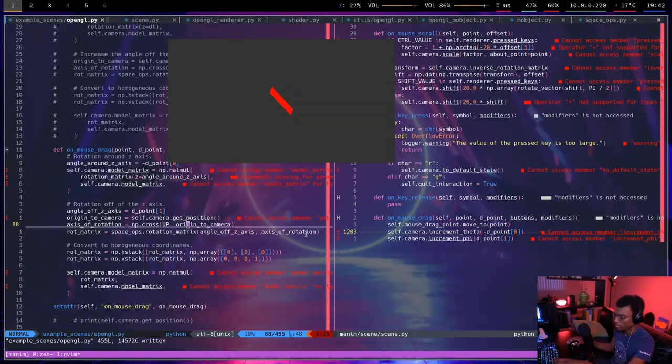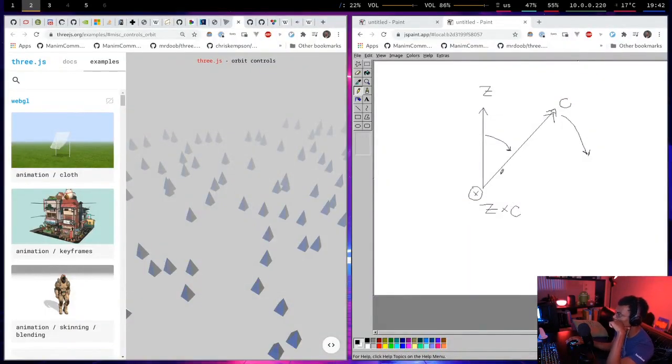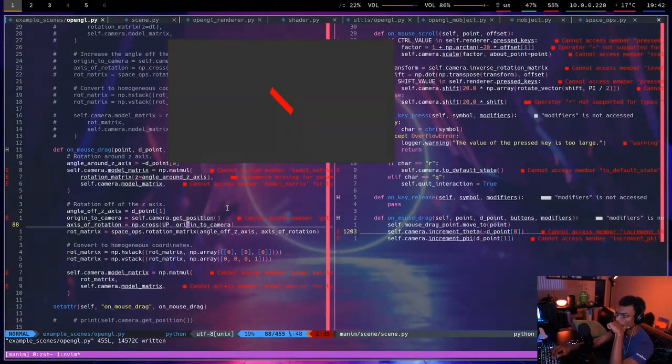The angle and axis of rotation are both right. Are these both right? It seems like something's rotating the camera around this axis, but I can't tell what.